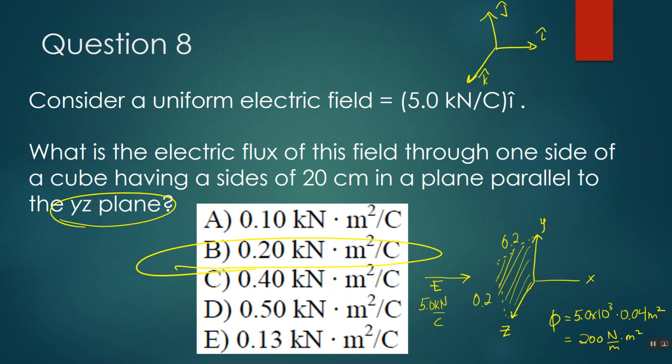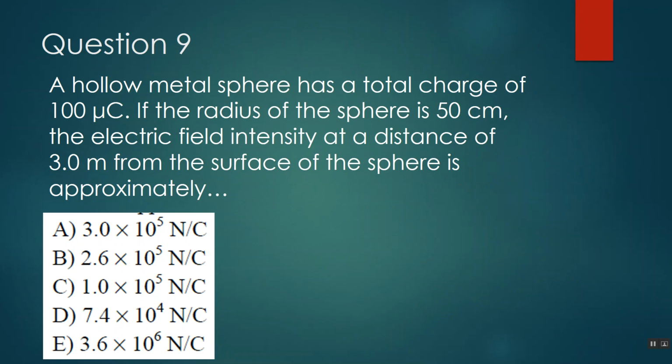Moving on. Question 9. Guys at the back, please, I'm not going to ask you again. A hollow metal sphere has a total charge of 100 microcoulomb. If the radius of the sphere is 50 centimeters and the electric field intensity at a distance of 3 meters from the surface of the sphere is approximately, we could treat this as a point charge.